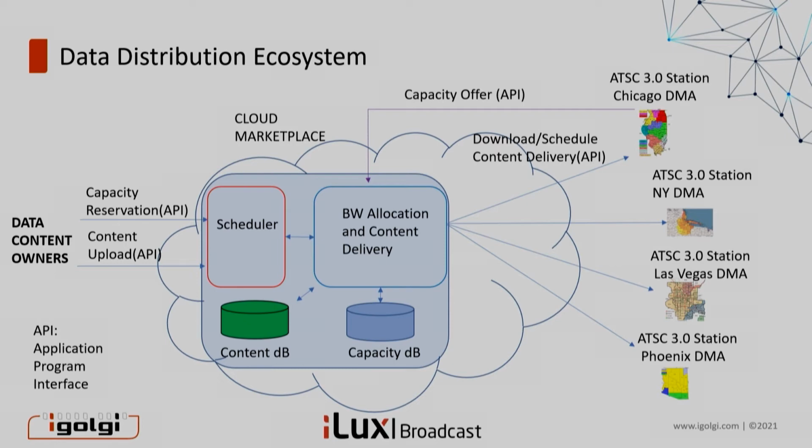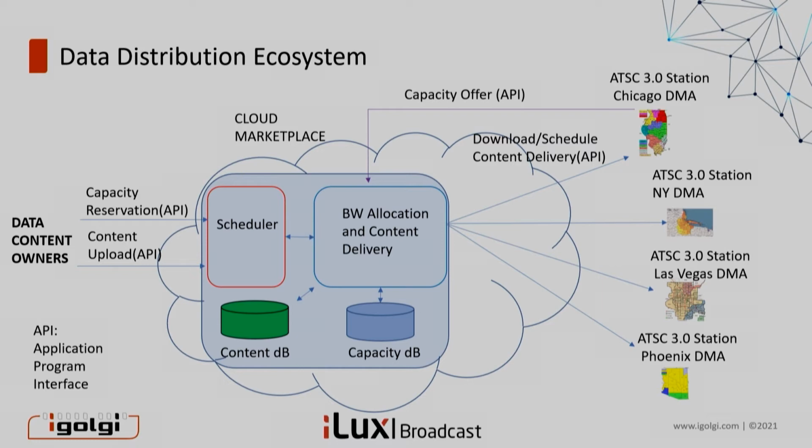And similarly, the Chicago DMA station now is offering, if you recall what Jeff was talking about, video services, but they have a certain amount of spare capacity available for data services. The spare capacity that the station wants to offer, it needs to offer into the infrastructure.